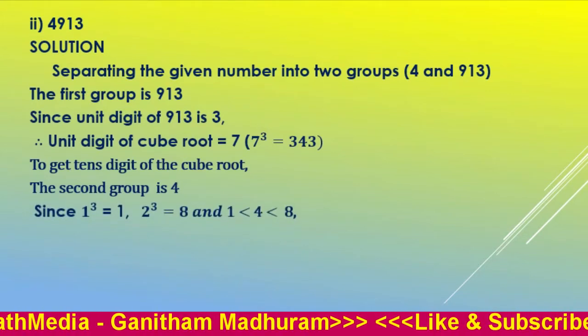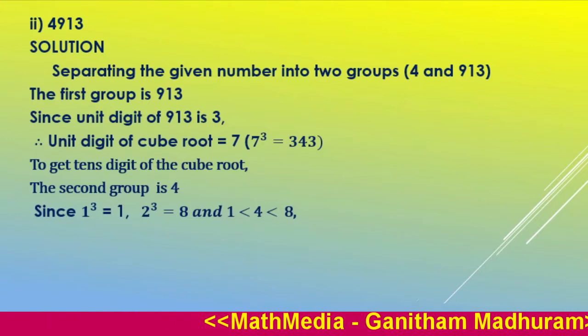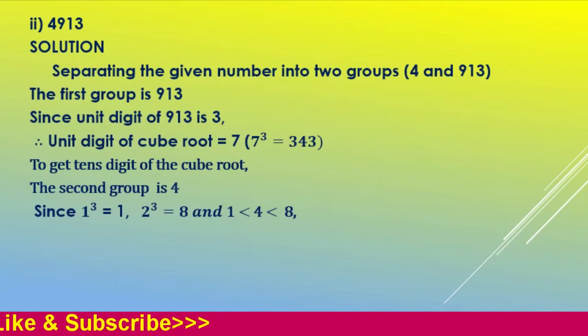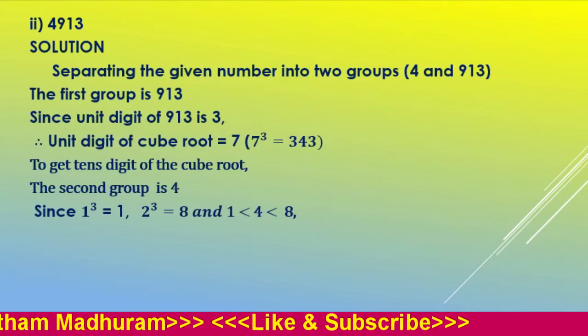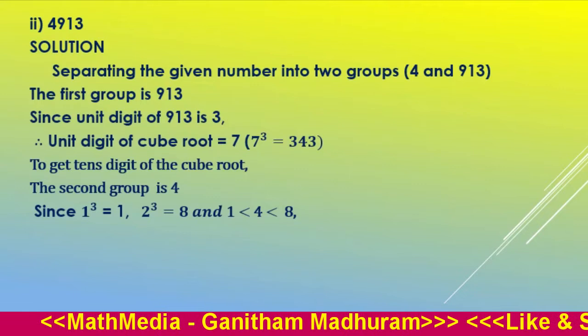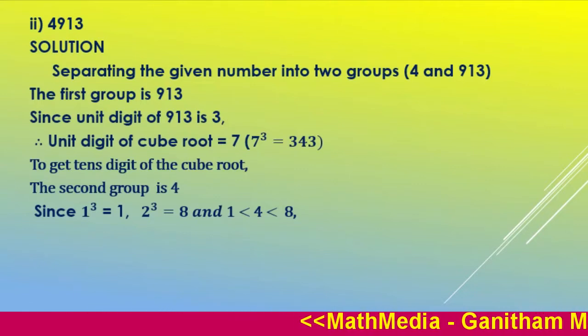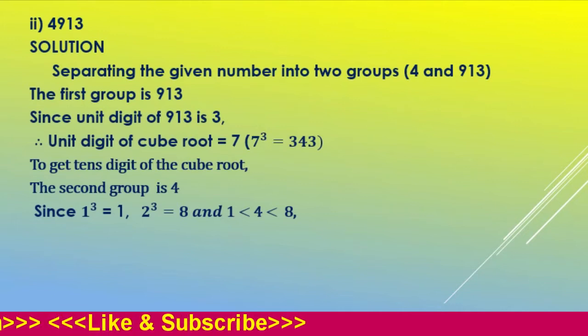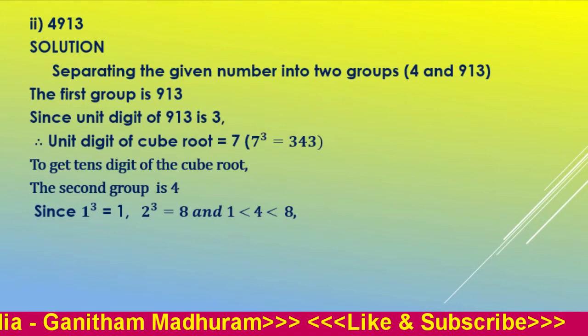You know that 1 cube equal to 1 and 2 cube equal to 8. So, our second group, that is the number 4, lies between 1 and 8. That is 1 cube less than 4 less than 2 cube.